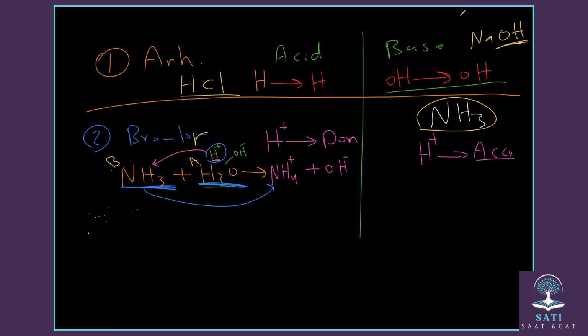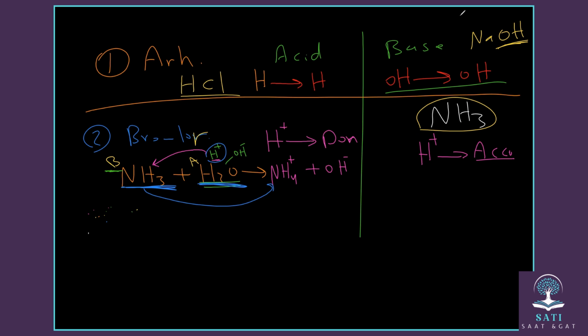How this acceptance is achieved, we can explain also with the third definition. But we now need to understand one more idea on such a reaction. Look, NH3 here, which is ammonia, is a base based on the Bronsted-Lowry definition because it accepted the hydrogen.